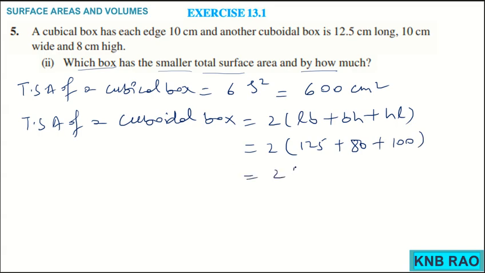So, 2 into this 125 plus 80 is 205, 205 plus 100 is 305, which is nothing but 610 centimeter square.